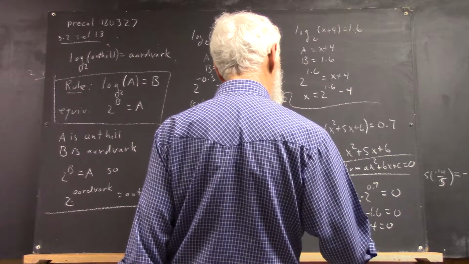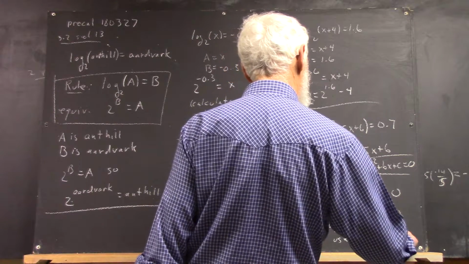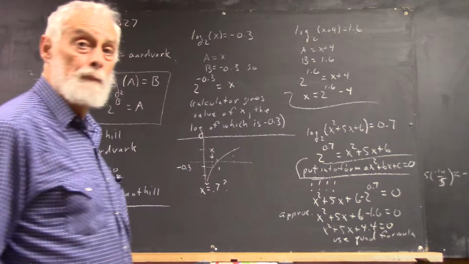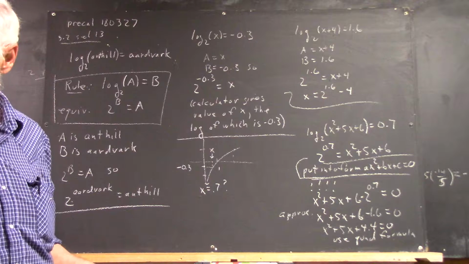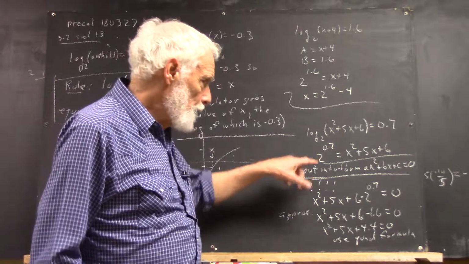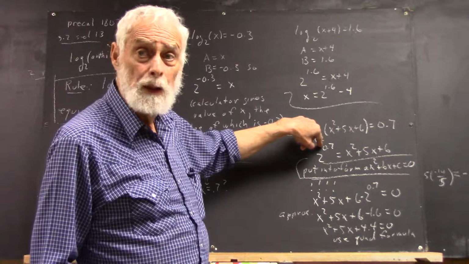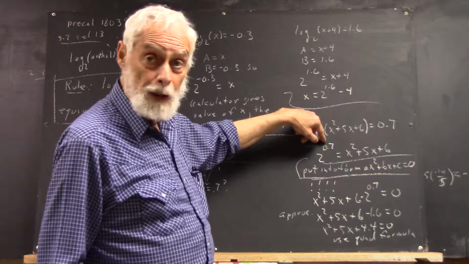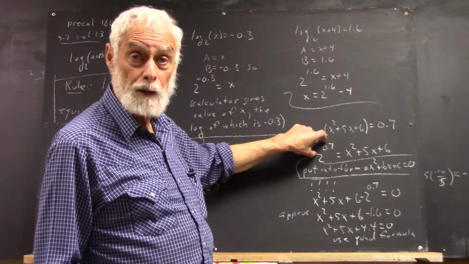And now we use the quadratic formula. There's nothing particularly tricky about this, but the thing that doesn't look quite right is having 2 to the 0.7 as part of a quadratic equation. You have to know that this is just a number that you can approximate on your calculator.